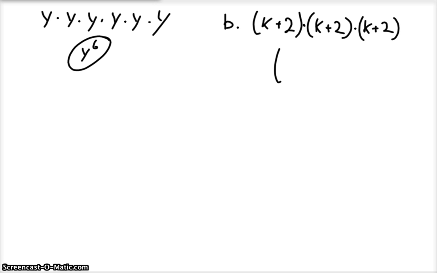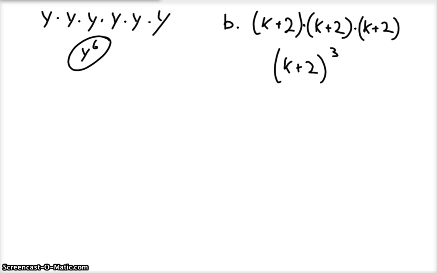So make sure that we have our parentheses. So we have k plus 2 in the parentheses with the exponent of 3. Okay, did you get that? You kind of see we're counting how many numbers there are. I feel like you got it.